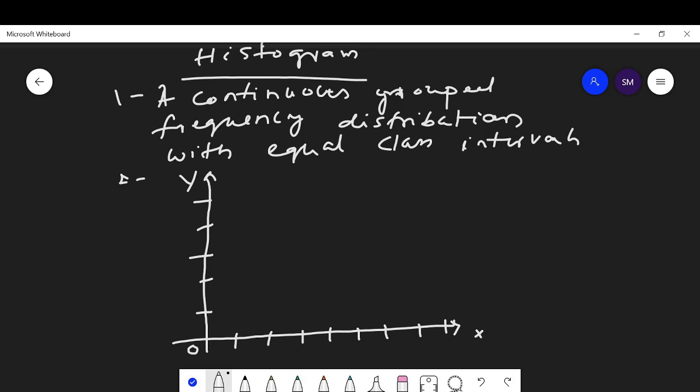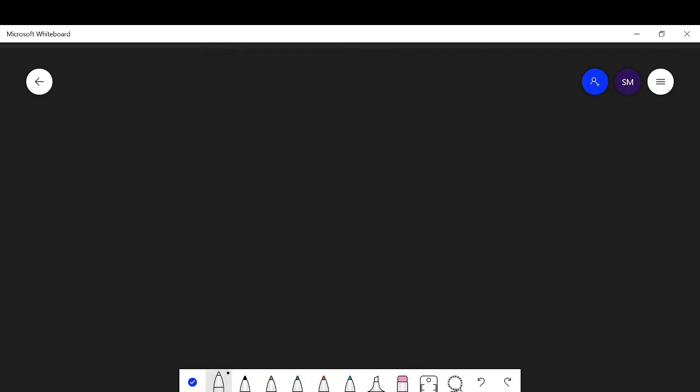Then construct the rectangles with class intervals as bases and the respective frequencies as heights. Let us discuss some examples, then you can understand better.